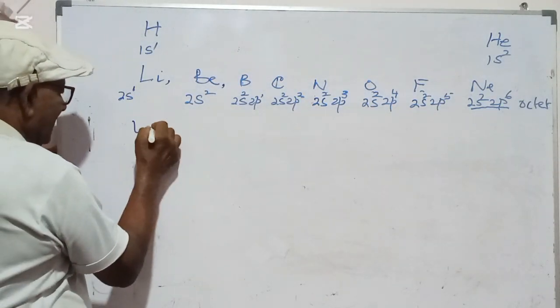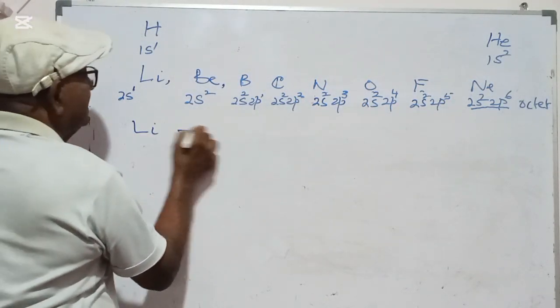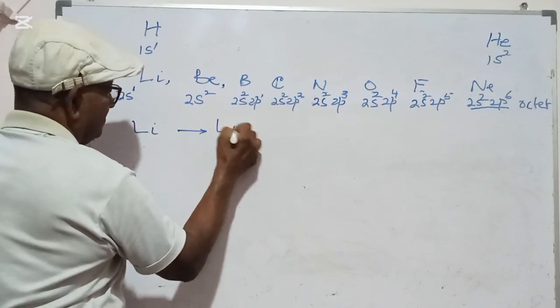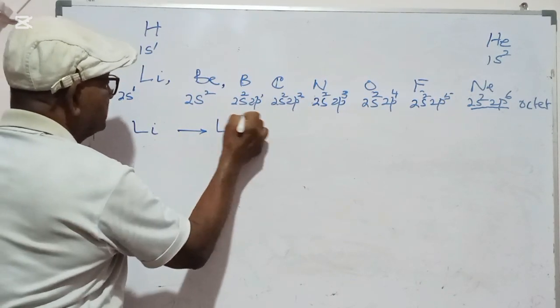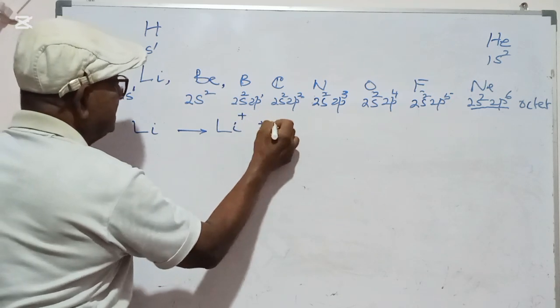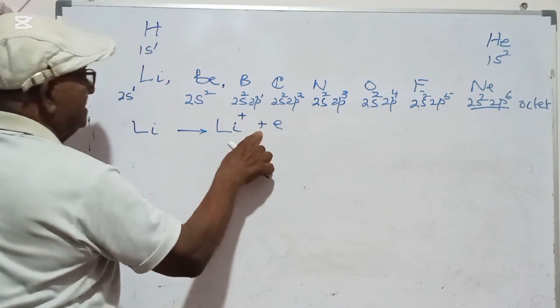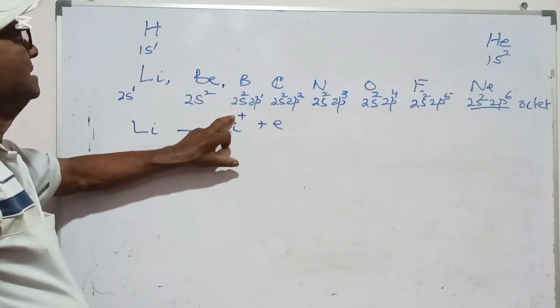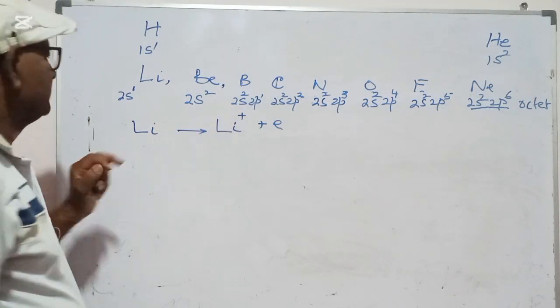Then Li removes this electron and forms a positive ion plus e. This is the removal of an electron. I'll explain how the positive ion is formed.